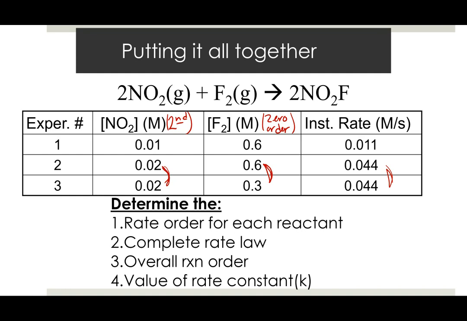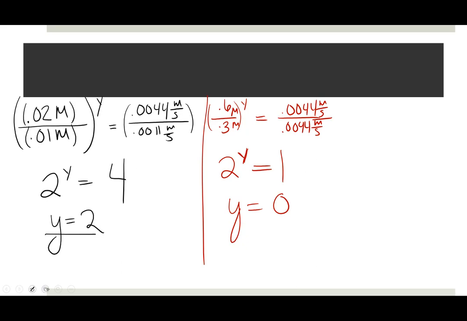Okay. So that's the first step, is determine the rate order for each of the reactants. Now that we know what the rate order is, we can write the complete rate law. So that's going to look like this.